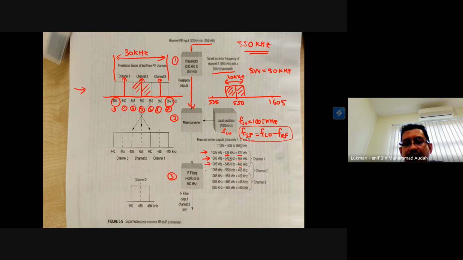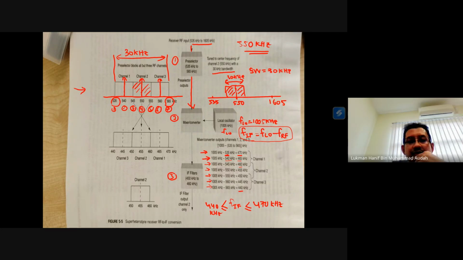Okay, so we convert all of the frequencies. We're going to get IF frequencies ranging from 440 until 470. That means the frequency of IF that we produce is between 440 kilohertz until 470 kilohertz.